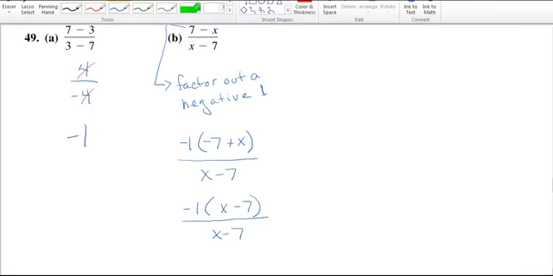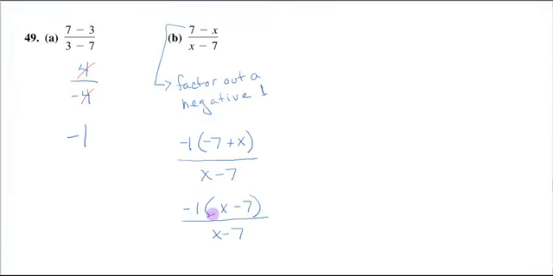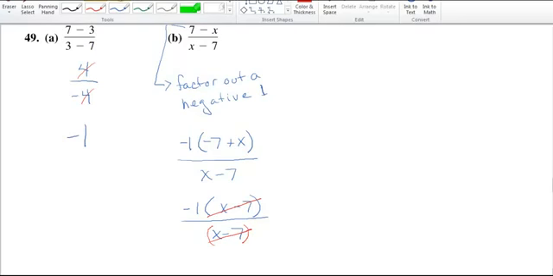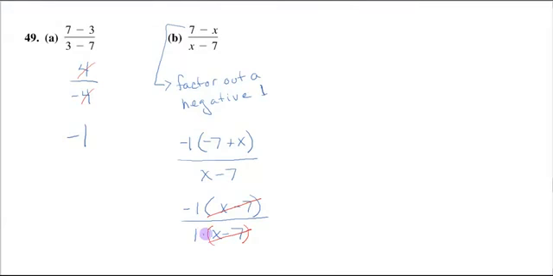And we can cancel those x minus 7's. Why? Because this is all being multiplied. And if it helps you to see that this is a factor, then go ahead and put parentheses around that too. And you can even make this a 1 times that. It doesn't change anything. After we cancel those x minus 7's, we have a negative 1 divided by 1, which is negative 1. So it cancels in a similar way.